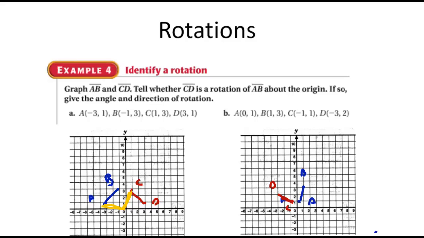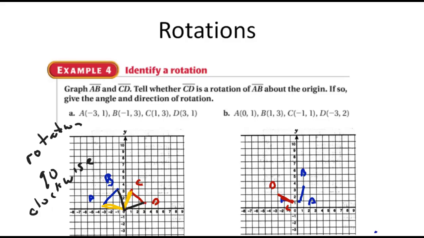When I connect B to the origin along with D right here, that also looks like a 90-degree angle. So therefore, is this a true rotation? Yes, it is a rotation, and I went 90 degrees from AB to CD, so I'm going 90 degrees in this direction, which makes it a clockwise rotation.